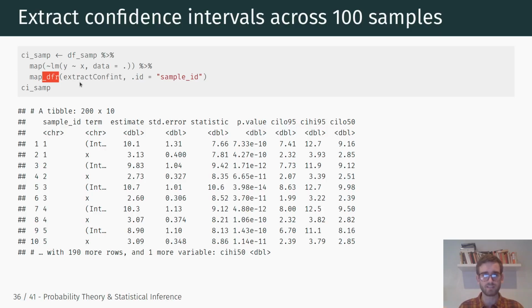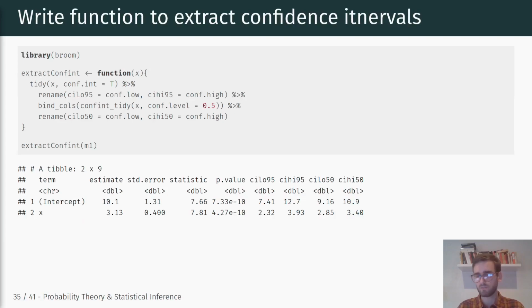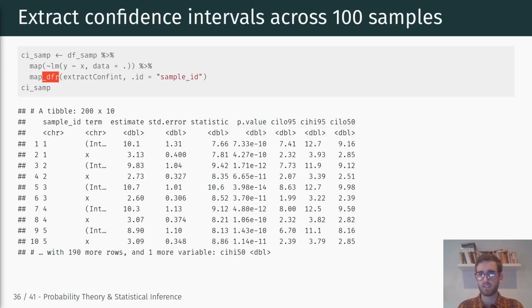The output of this extract conf command is, as we saw previously, a 2x9 tibble, and by specifying map_dfr, we're attaching all these 2x9 tibbles by row on top of each other, so that the resulting tibble, which is now CI_SAMP for the confidence intervals of these samples, is a 200 by 10 tibble.